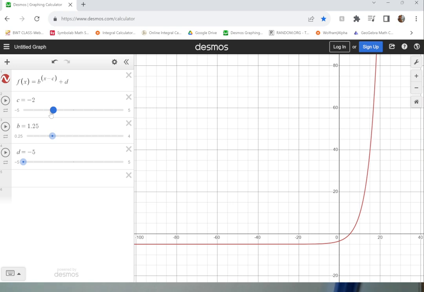You see it's moving to the left and right depending on what the values of c are. For negative values of c, it moves to the left. For positive values of c, it moves to the right. And as we notice in each one of these cases, our horizontal asymptote changes with the value of d. So y is going to be d.